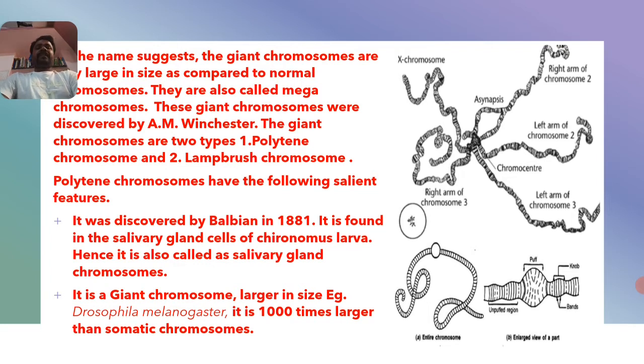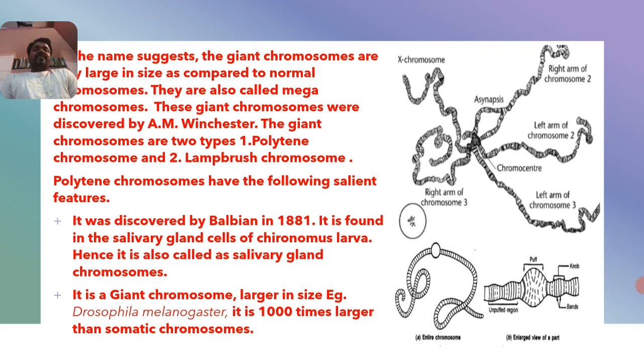Hence, it is also called the salivary gland chromosome. Why only in the salivary gland is this polytene chromosome produced? Because in the salivary gland cells an endomitosis process takes place, and it is a type of giant chromosome.